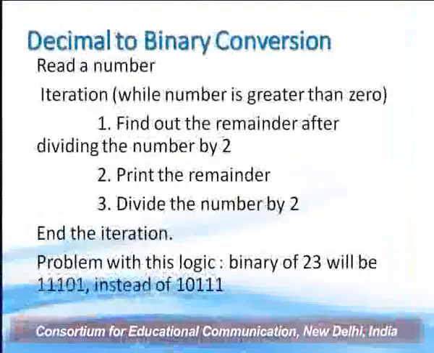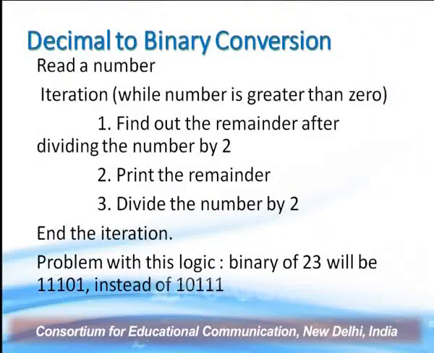While the number is greater than 0, we take the remainder on dividing the number by 2, either 0 or 1. We print that remainder and divide the number by 2 in order to make it half, and then end the iteration. This is the basic logic for decimal to binary conversion.